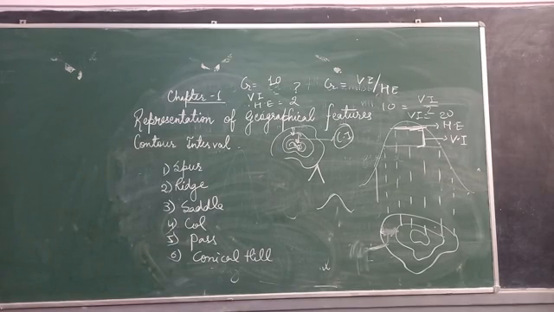These are the landform features which you will determine by constructing the contour lines, which I'll tell you in the next class. In this very chapter, you have to learn to read various contour lines formed by various structures.